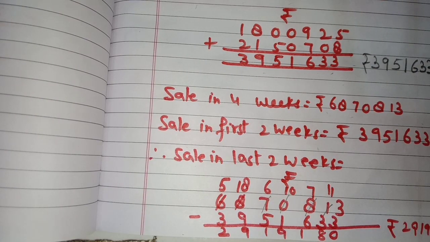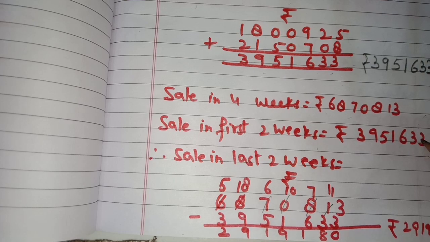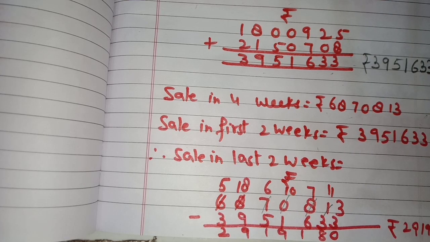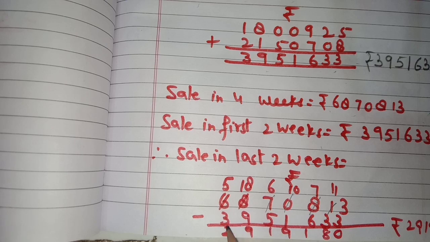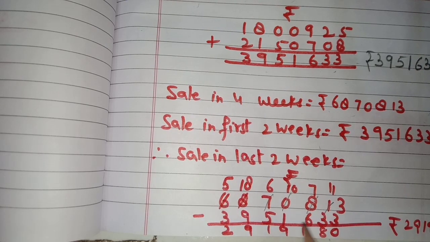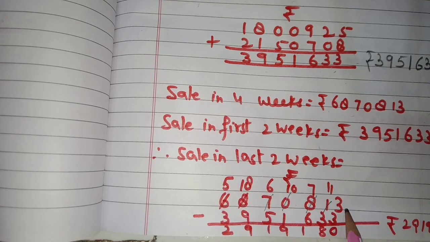So when we have the sale in 4 weeks and the sale in the first 2 weeks, we can subtract it and find the sale in the last 2 weeks. So subtract 39,51,633 from 68,70,813.